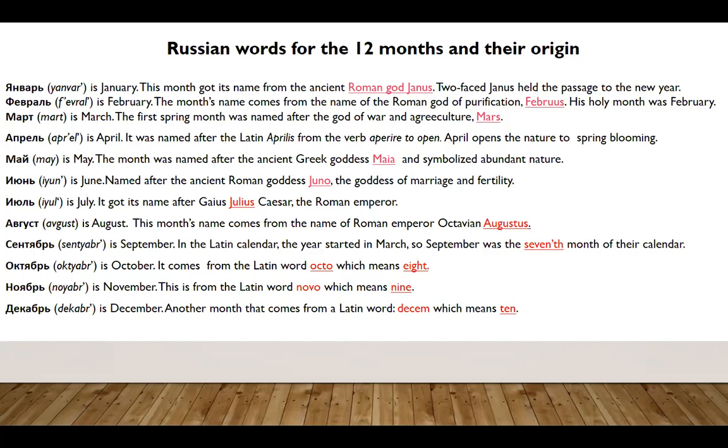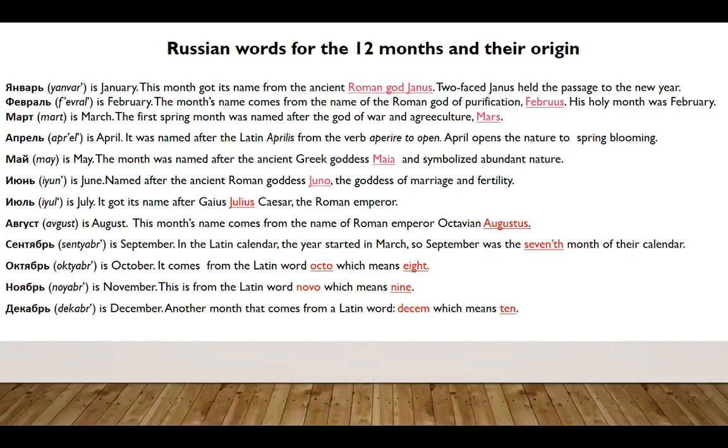April is April. As you see, pretty much every month has a soft consonant at the end. April was named after the Latin aprilis, that came from the verb aperire, to open.